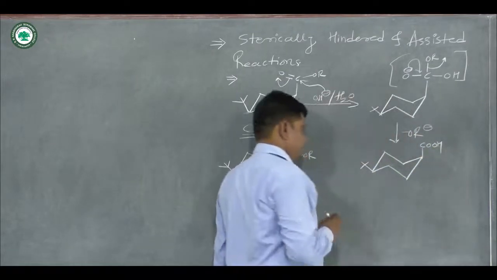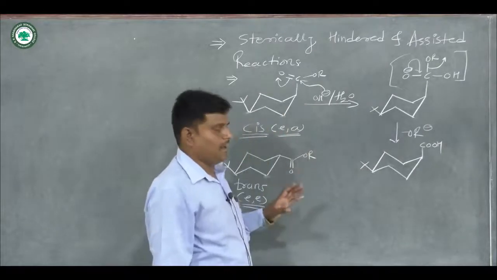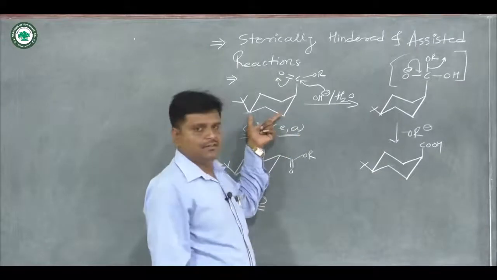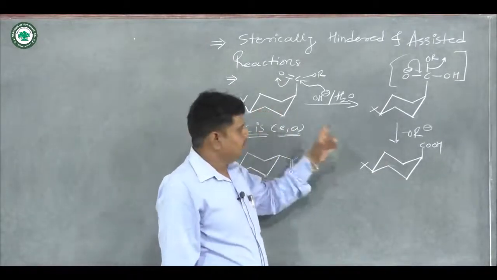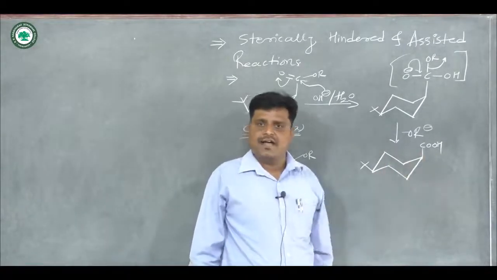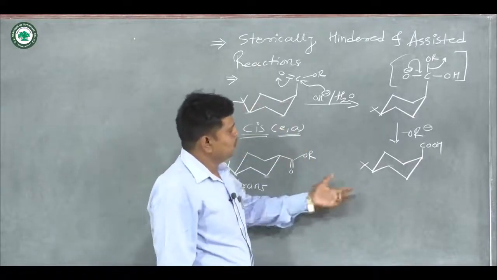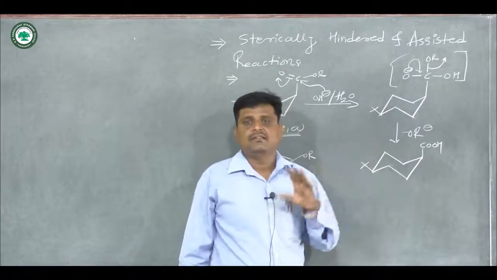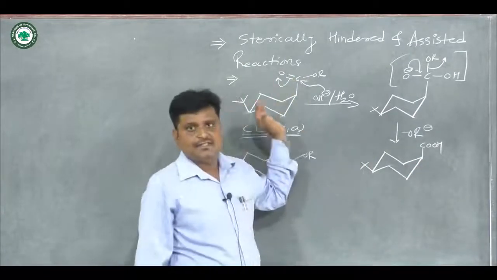which is the acid. Now we compare the two. Suppose this is the ester and this is the substituted acid. Of these two, the acid is somewhat more stable, because it has a less bulky substituent compared to the ester.